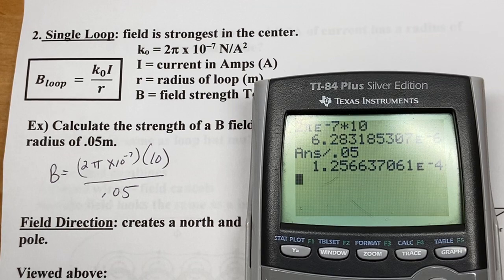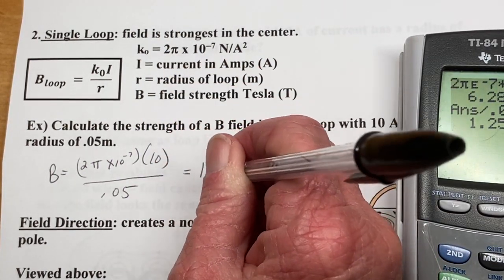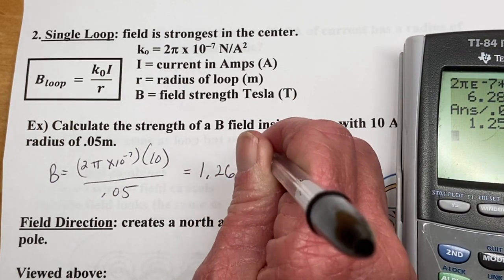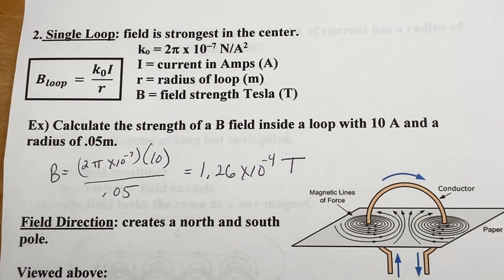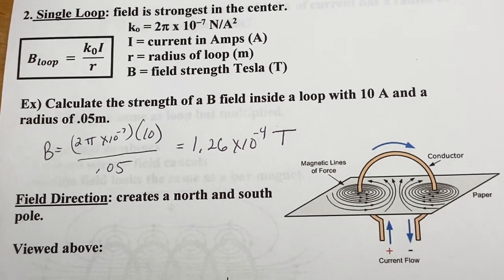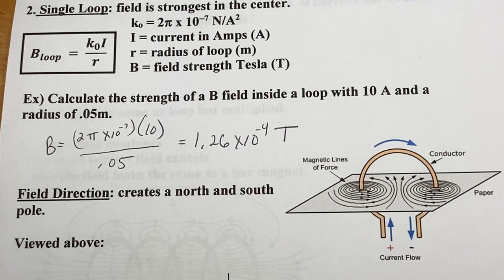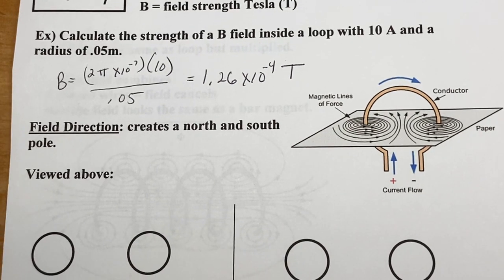It is correct. So you can put in the 2 pi. There are certain Casios that don't like that. If you're using a Casio, they don't always like that. All right, so let's jot that down. So the magnetic field strength is 1.26 times 10 to the negative 4 Tesla. Remember, the Earth's magnetic field on average is about 5 times 10 to the negative 5th Tesla, and this is definitely stronger than that. So let's talk about the hand rules that go with this.